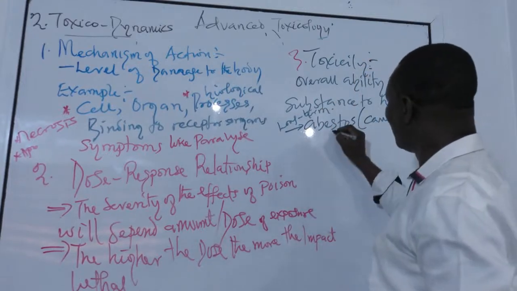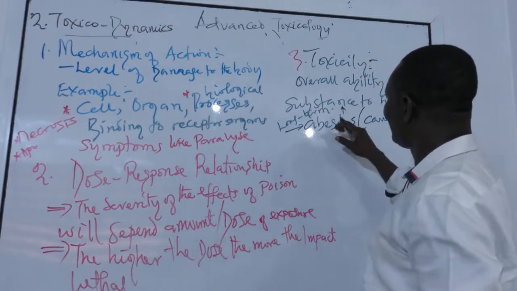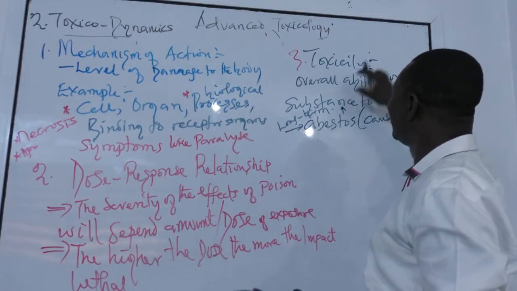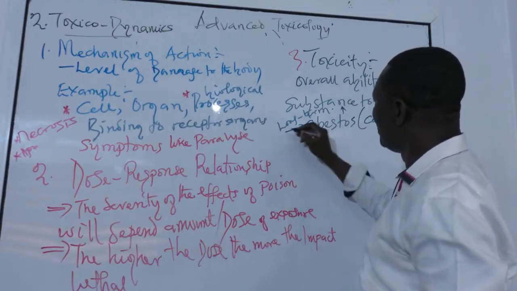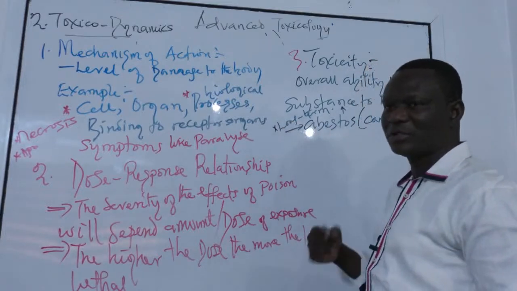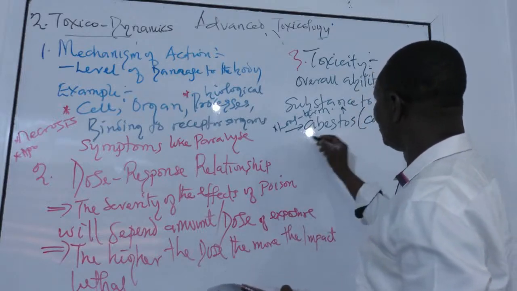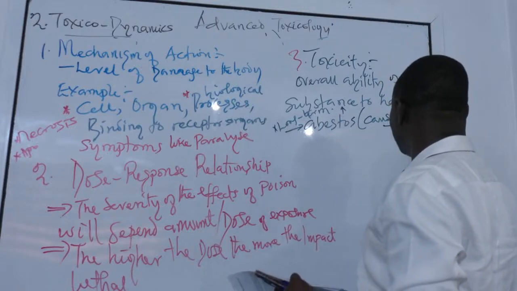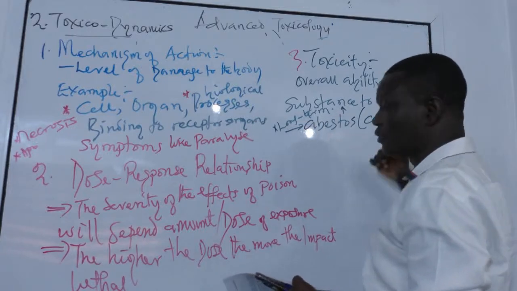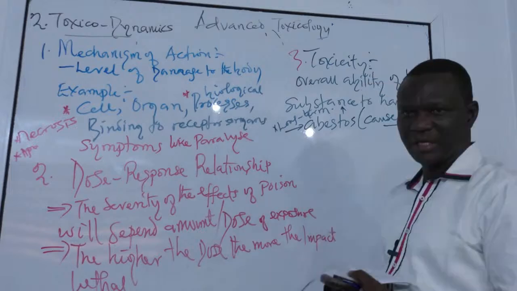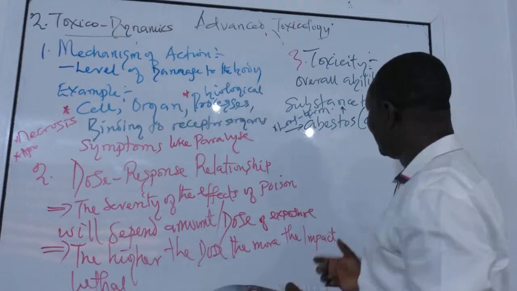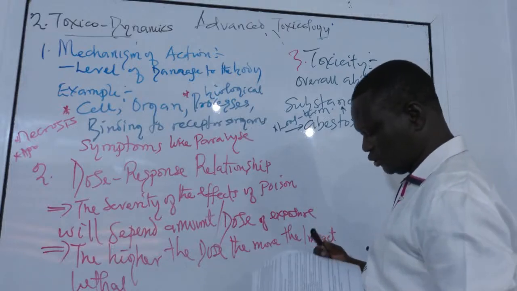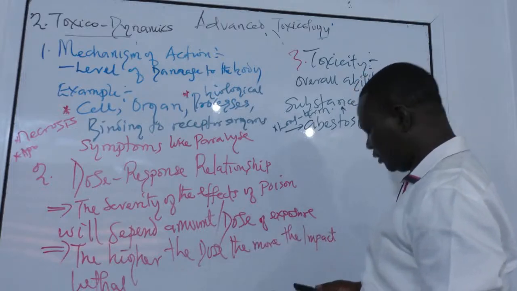So if you want to measure the toxicity of asbestos, it's going to be a long-term process, because it can lead to cancer. And don't forget that cancer will not start immediately. Cancer will start its journey from mutation, a sudden change in the genetic makeup.